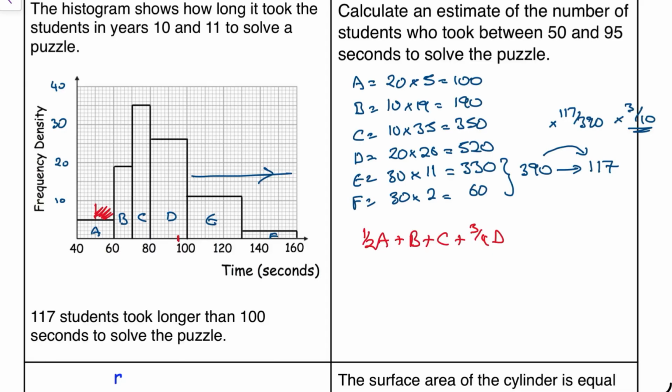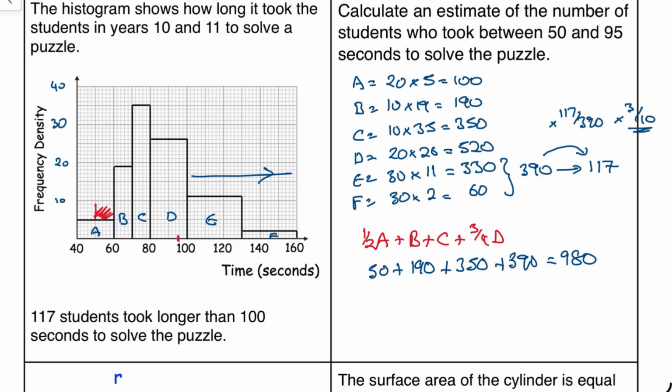So half of A is 50, plus all of B is 190, plus all of C is 350, plus 3/4 of D, which is going to be 520 times 0.75, which is 390. And then if I add all these up, so 390 plus 350 plus 190 plus 50 is going to give me 980.